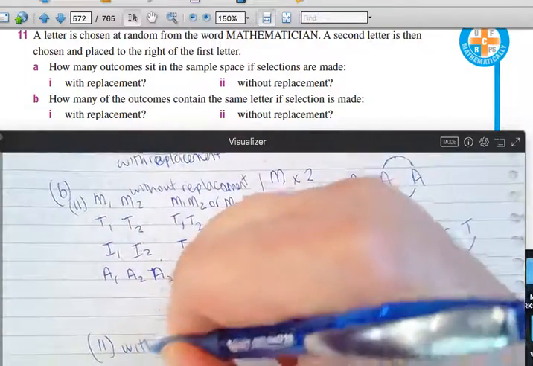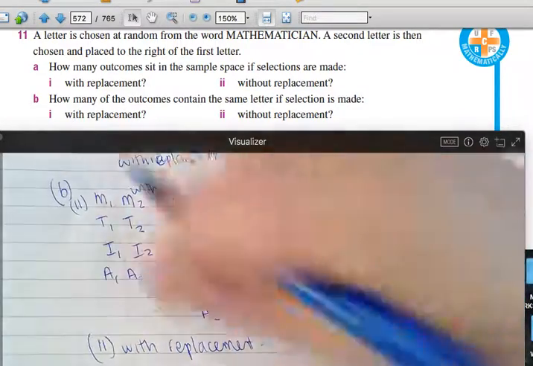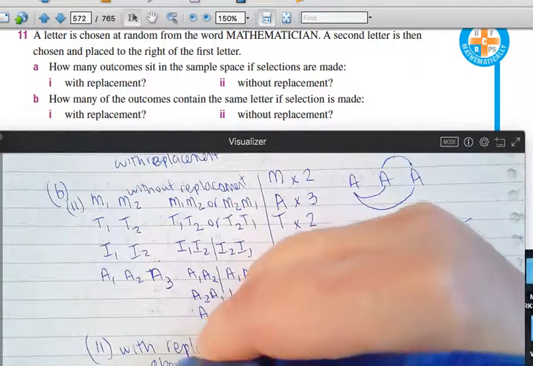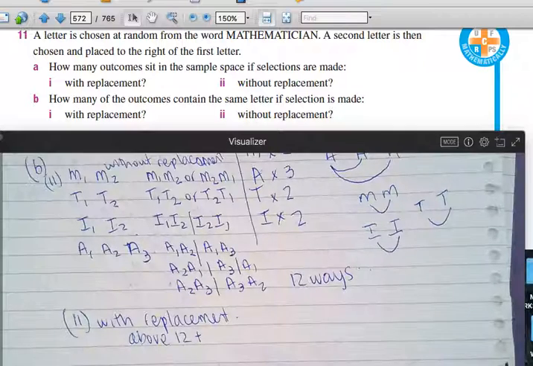But with replacement, girls, you could pick up all of those. It's those 12, the above 12, plus you could pick up M1, M1, M2, M2, A1, A1, A2, A2, A3, A3, T1, T1, T2, T2, I1, I1, I2, I2.